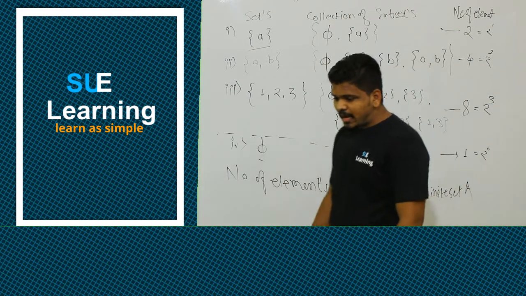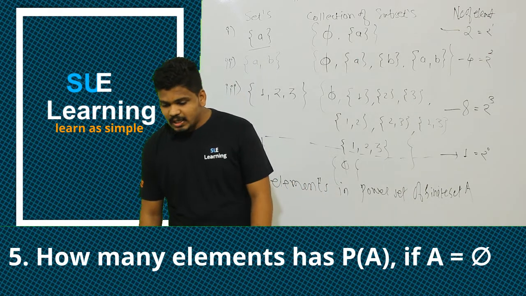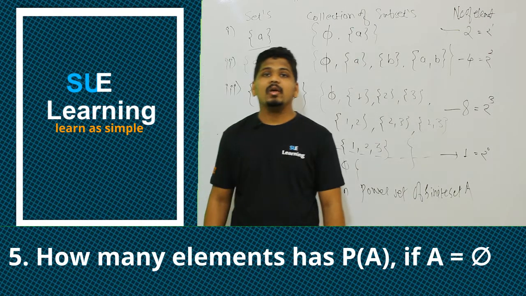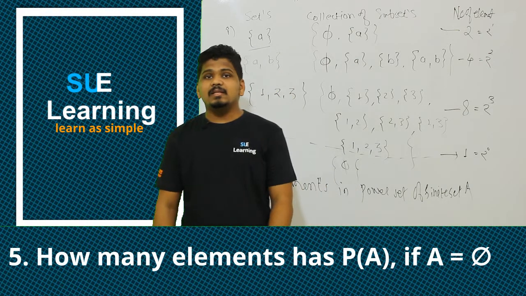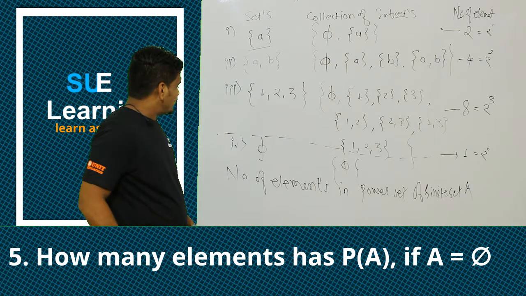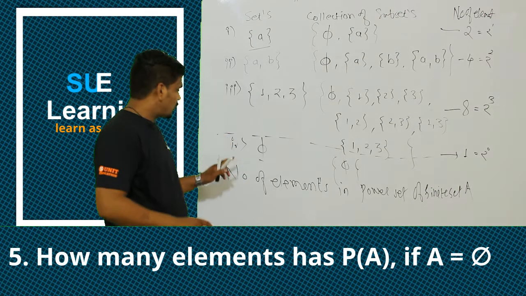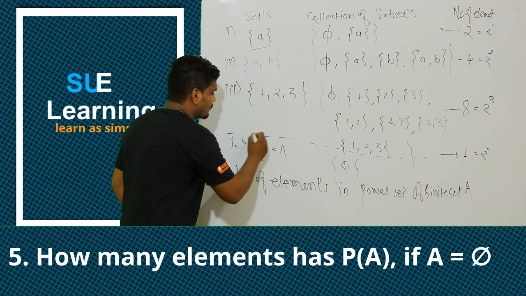So this is what we get in example number 5. How many elements has P of A? Okay, P of A is nothing but the power set of A, where A is nothing but {5}. That I can write from example number 4. Here your A is nothing but {5}.